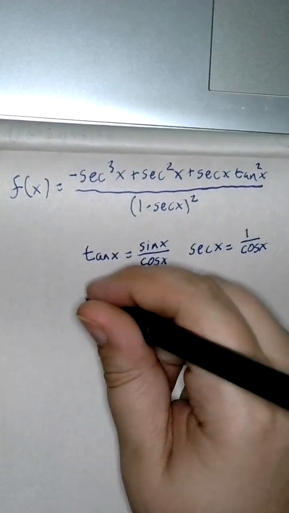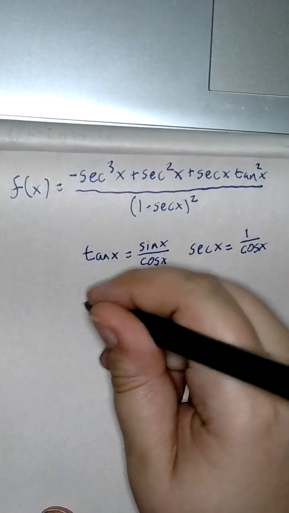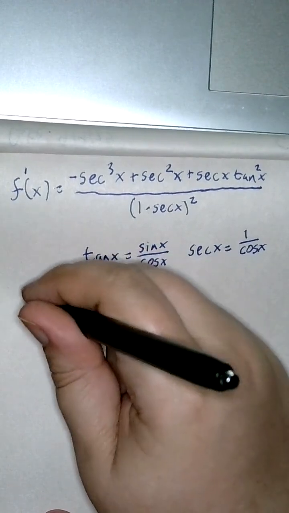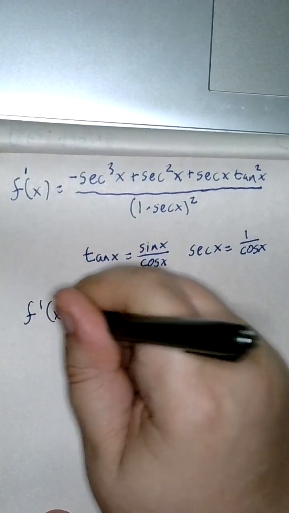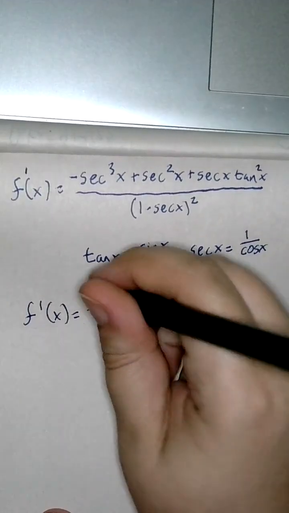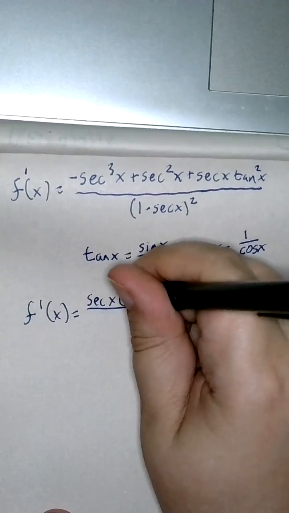So here, I'm going to write it out in terms of sine over cosine. So f prime is equal to, if I factor out a secant, what am I left with?